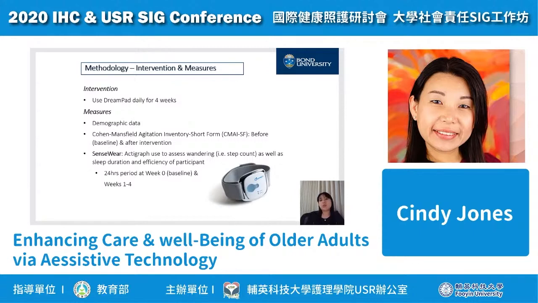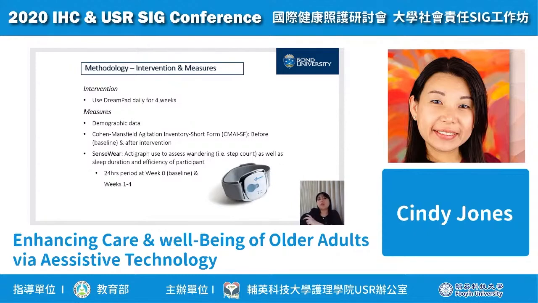And the measures we've undertaken are demographic data before the intervention, the baseline data. We also examined their agitation by the Cohen-Mansfield Agitation Inventory short form before and after intervention. And we actually asked participants to wear an actigraph called SenseWear to assess step count that reflects wandering, as well as their sleep duration and efficacy of sleep for each participant.